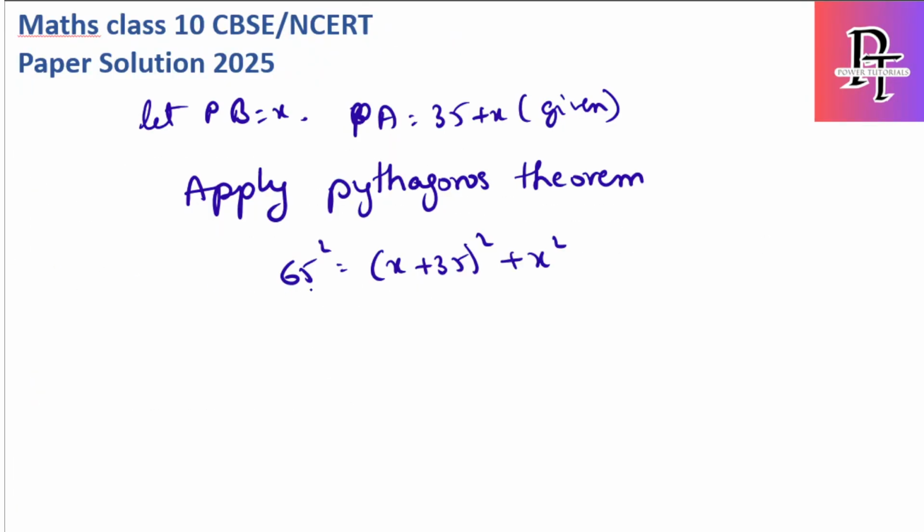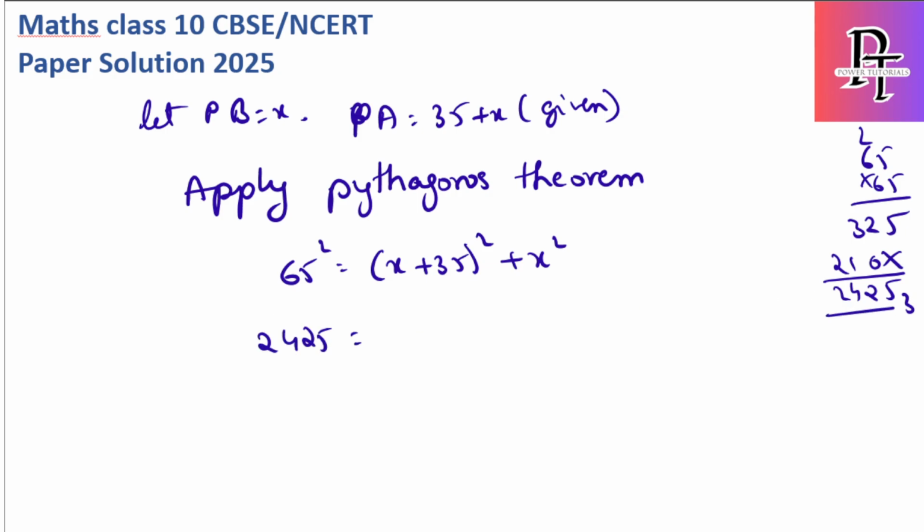So 65 square is, 5 5s are 25, 5 6s are 30, 32, 6 6s are 36, 39, so it is 4225, and here it comes x square plus 2 into 35, which is 70x, plus 35 square. 5 5s are 25, 3 5s are 15, 15, 17, 3 3s are 9, 10.